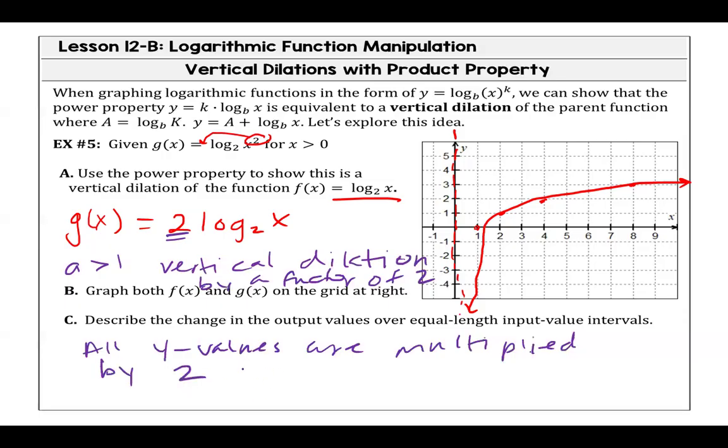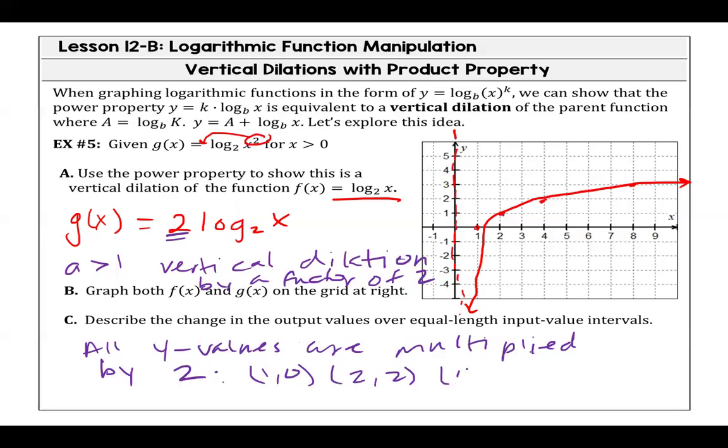So for my new points, I'm going to write them out for you. So at 1, it's going to stay (1, 0) because 0 times 2 is still 0, right? Currently, I'm at (2, 1). So its new point is going to be what? (2, 1) is going to become (2, 2) because you're multiplying your y values, not your x values. Does that make sense?